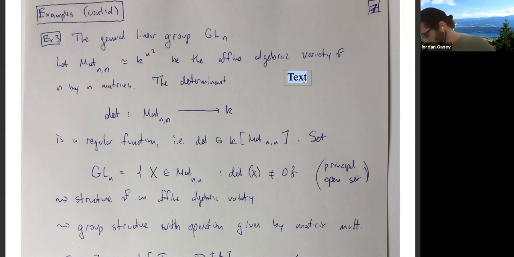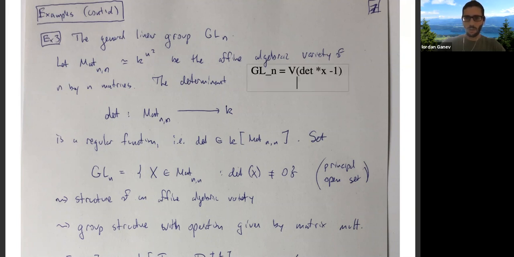So that's that, but GLN is the vanishing set of det times x minus 1 inside, so where would this be? Inside k to the n squared.